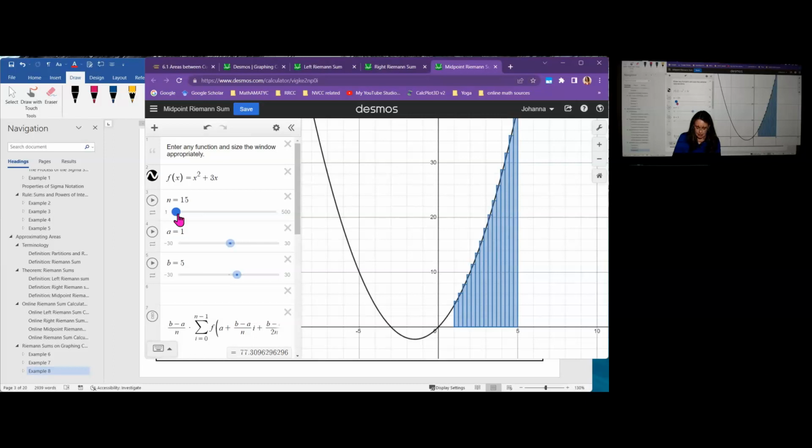And at 15, I'm at 77.309. When I get to 23, I'm at 77.32. And by the time I get to 44, I'm at 77.33, which has 100th place of accuracy.